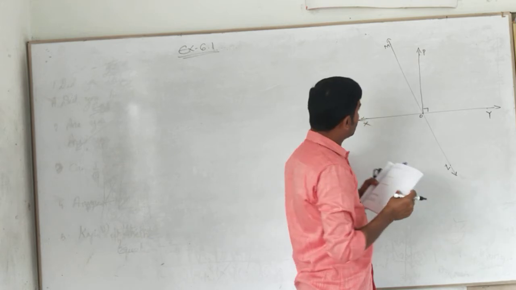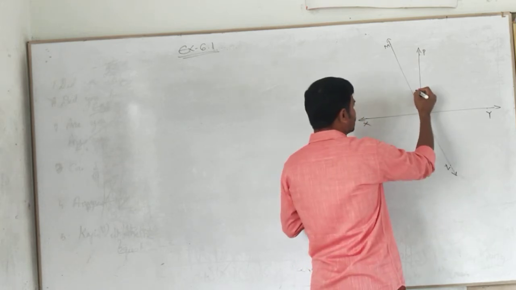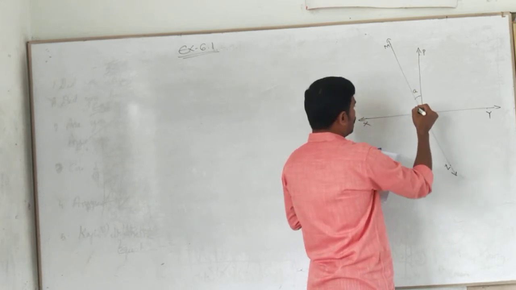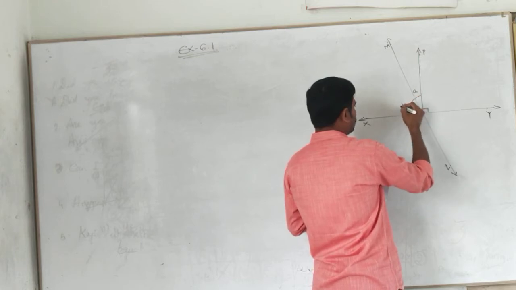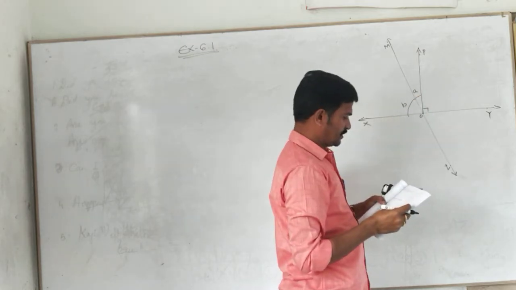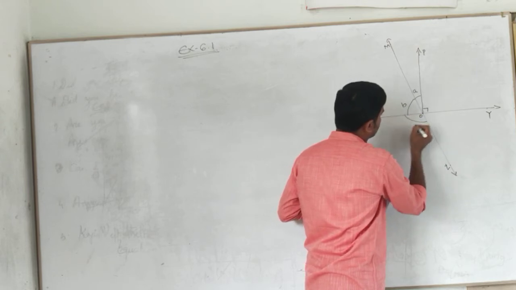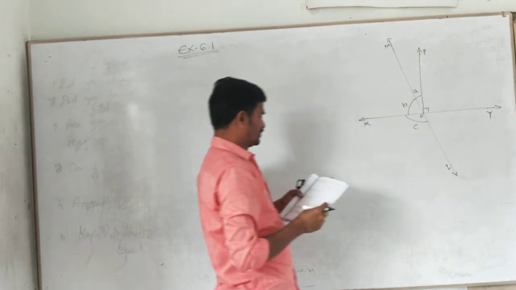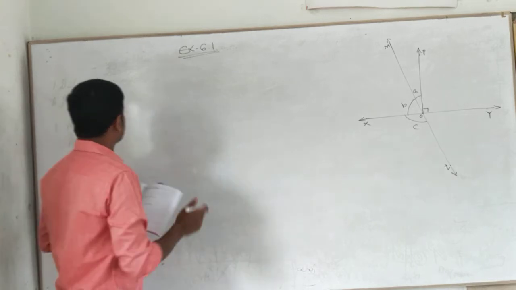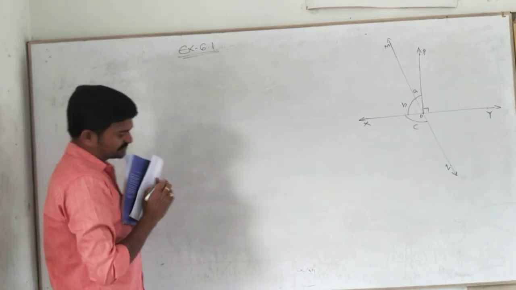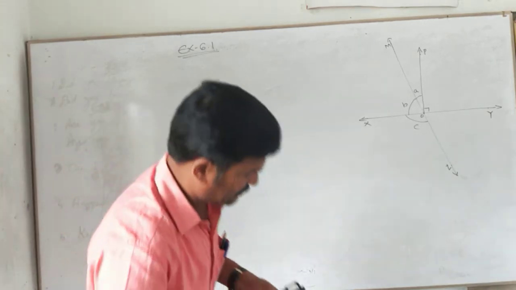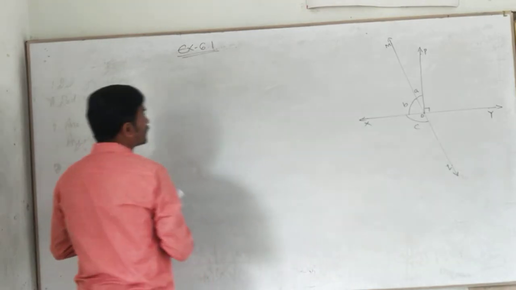And also we are given this one is A and this one is B, and this angle is C. So first write the given information, children. What is the information which we have here?